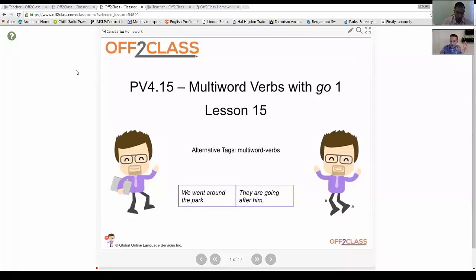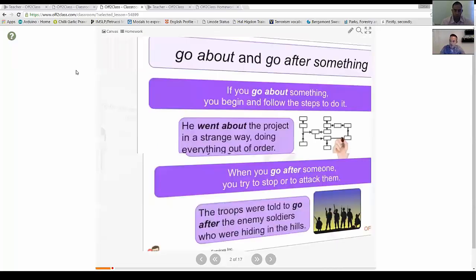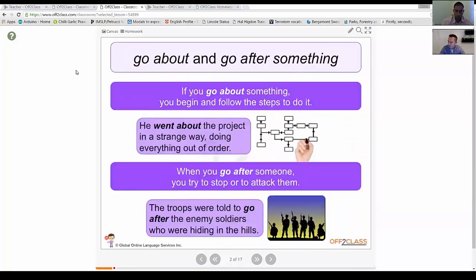This is one way. The other way is some teachers group everything with the particle or the adverb. So take after, go after, but I prefer to do it with the verb. I don't know if there's research that favors one over another, but that's how I would go about that.